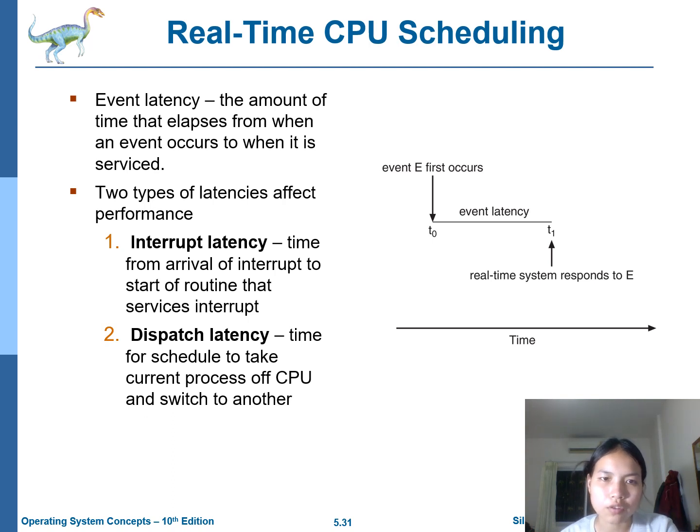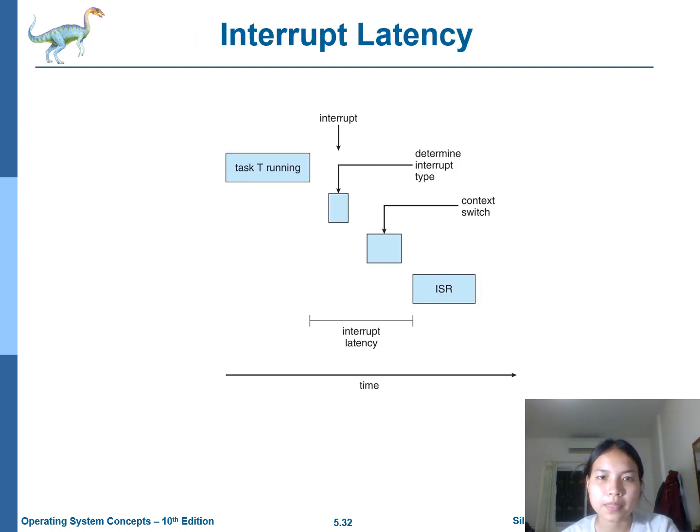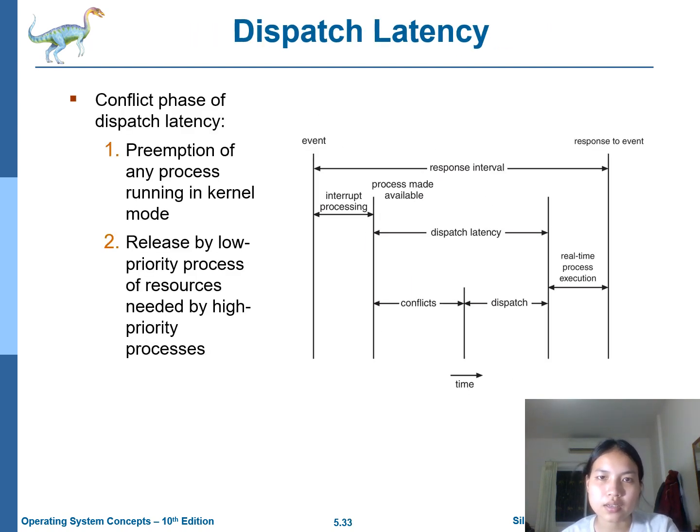Two types of latency affect performance: interrupt latency and dispatch latency. Interrupt latency is the time from arrival of an interrupt to the start of the routine that services it. Dispatch latency conflicts phase includes preemption of any process running in kernel mode, and release by low priority processes of resources needed by high priority processes.